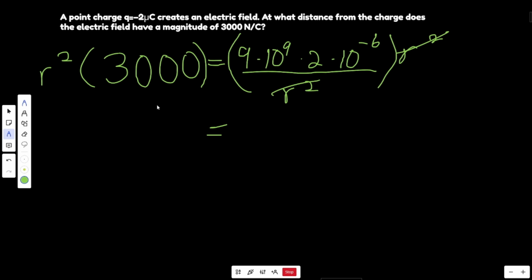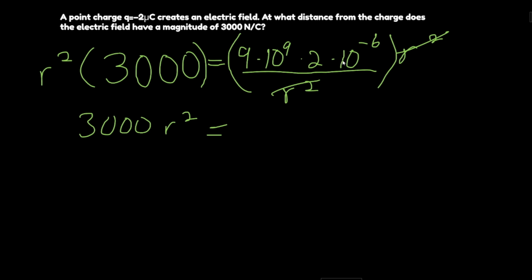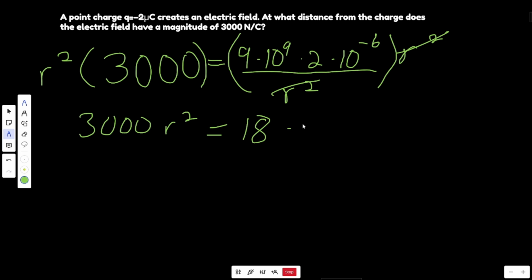This will cancel out. So now we have 3000 r squared is equal to 9 times 10 to the power of 9 times 2 times 10 to the power of negative 6. Or we can simplify this already and we'll go with 18 times 10 to the power of 3.